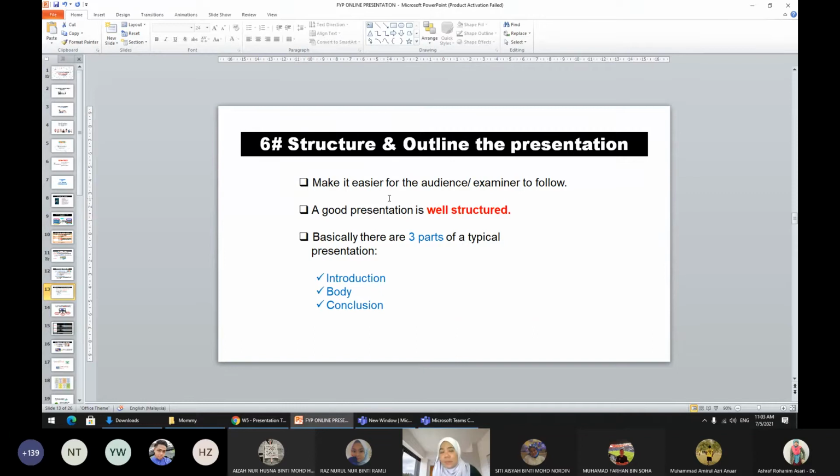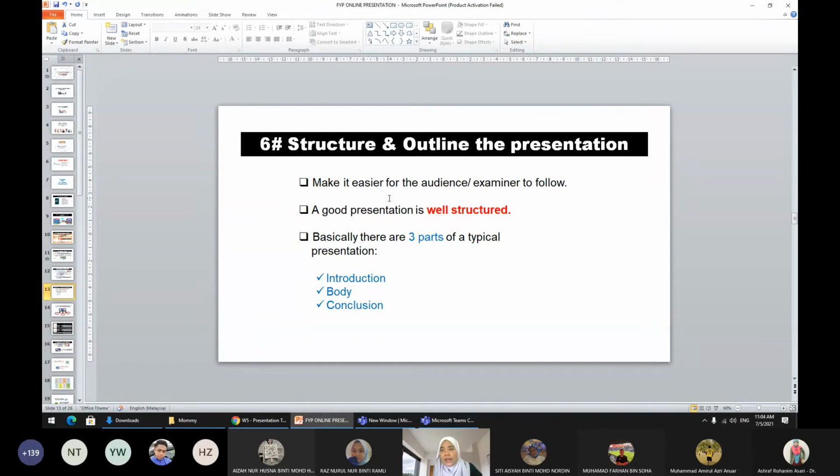your research background and problem statement, and then your research objective and research questions should be there under the introduction.